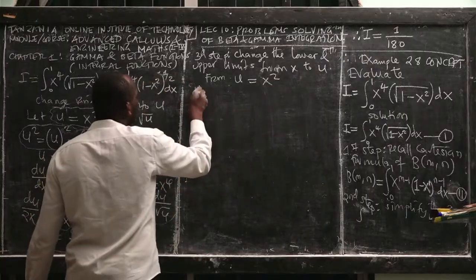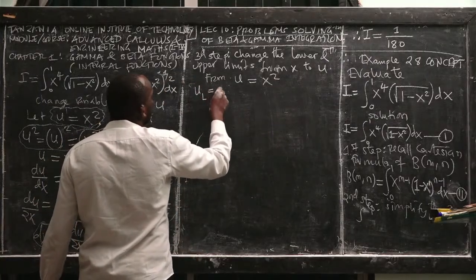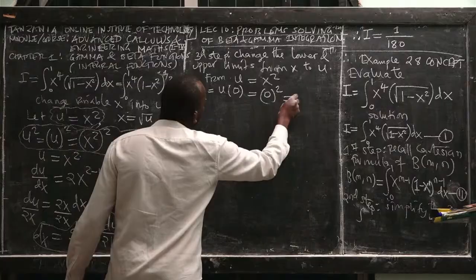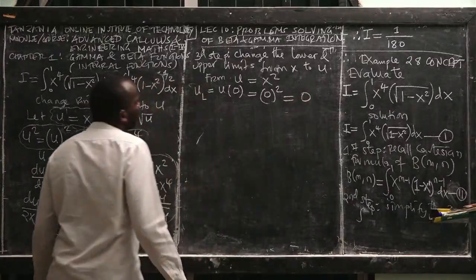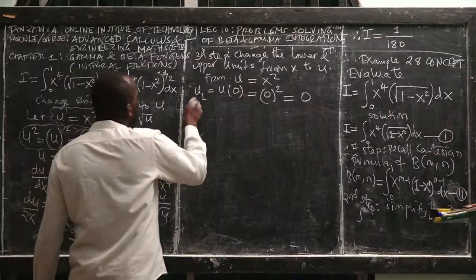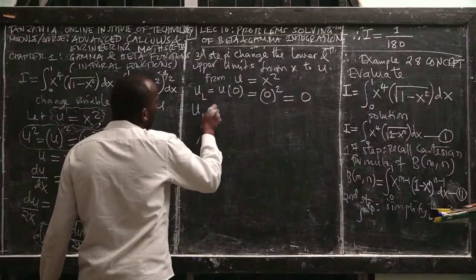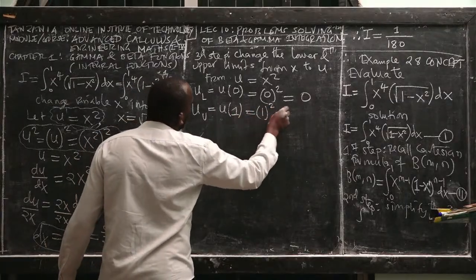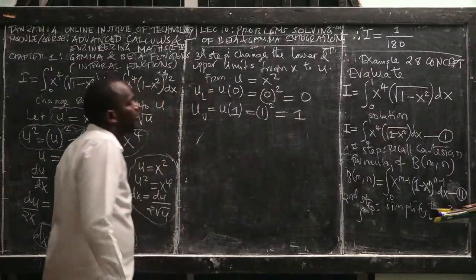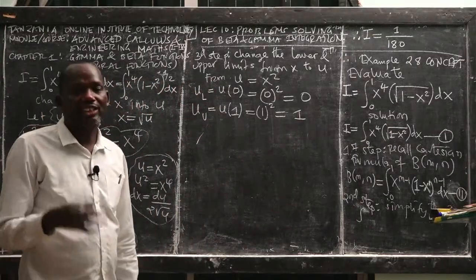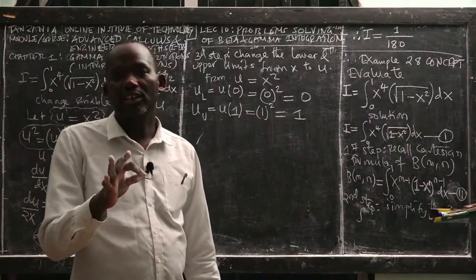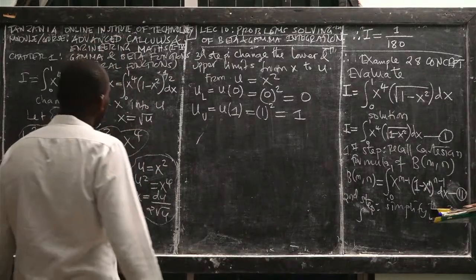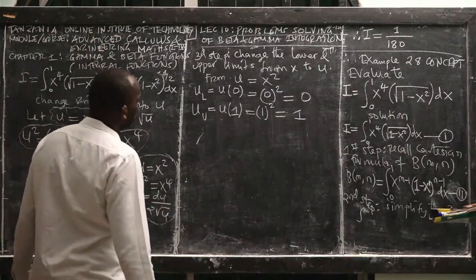So let us start with the u lower limit, which means u when x is equal to 0. Placing in 0 square, you get 0. So that's the lower limit. Then the u upper limit: the upper limit of x is 1, so u is equal to 1 square, which is equal to 1. So the limits of u are no different from the limits of x. And this is very important. If it were 0 to 3 there, you would have to change them. So that's the third step.